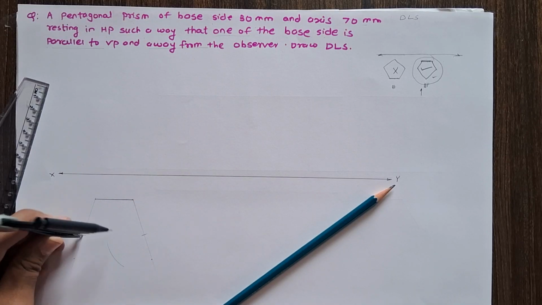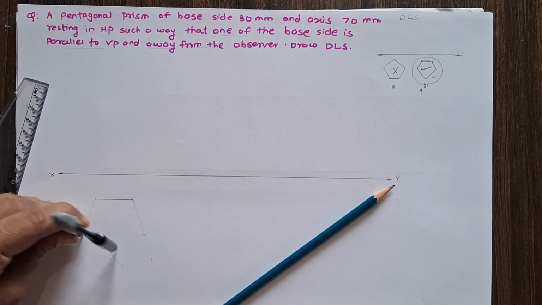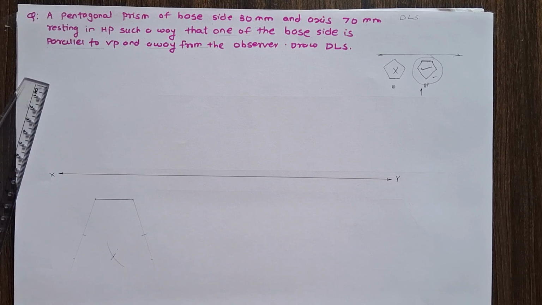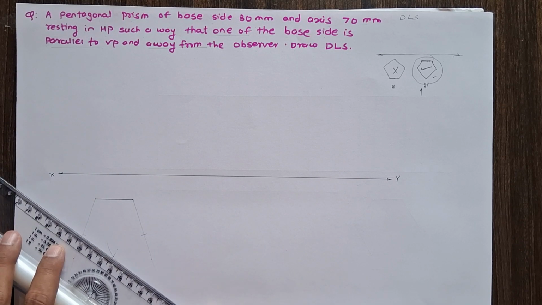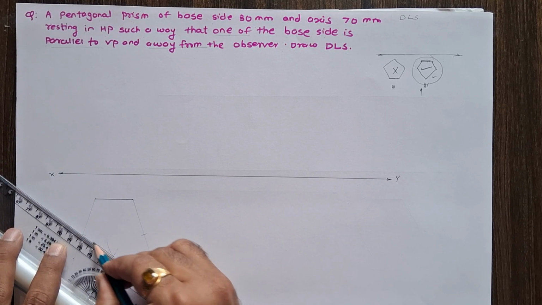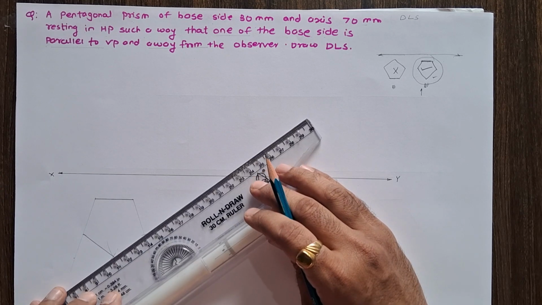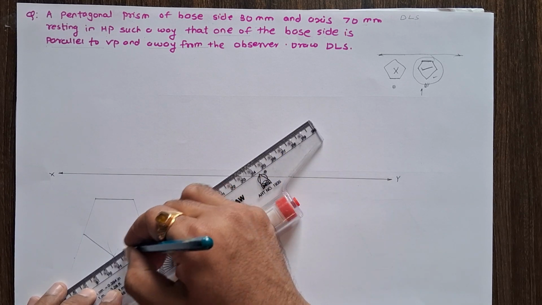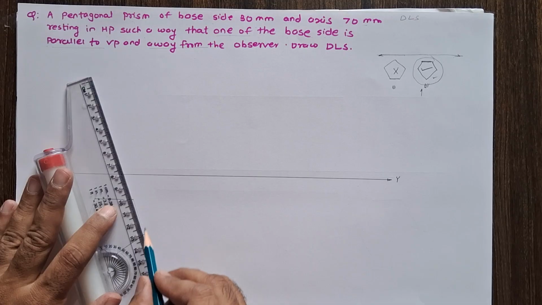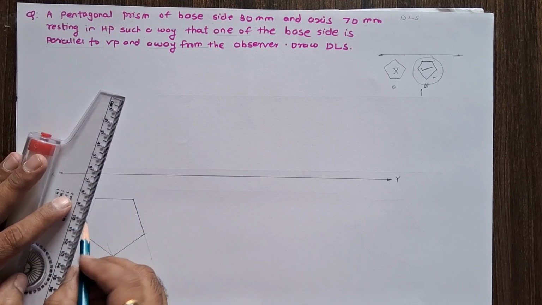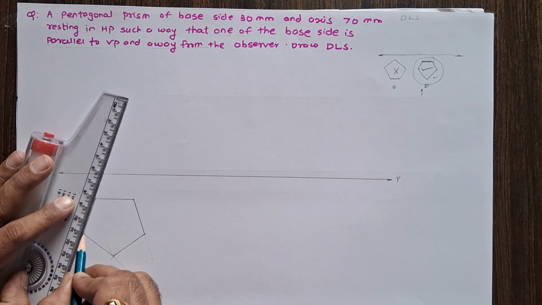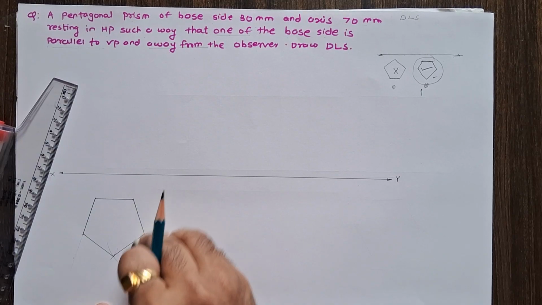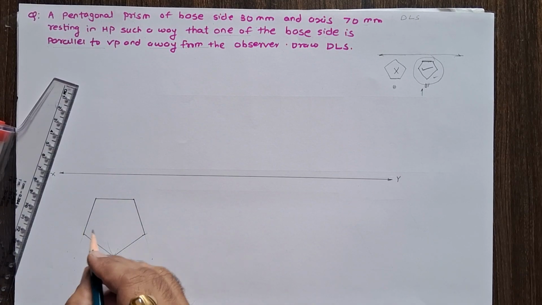Draw another mark in front of this line. So here we get a pentagonal plane. Now join the end points. This is the correct position for this problem. Erase the extra lines.